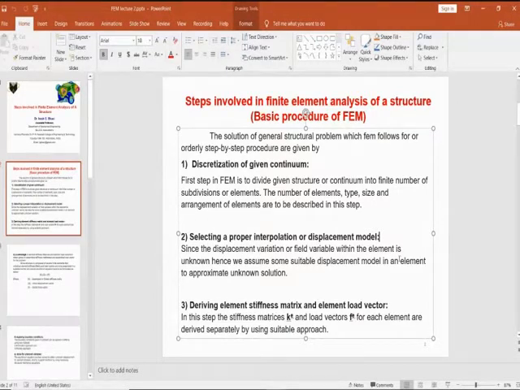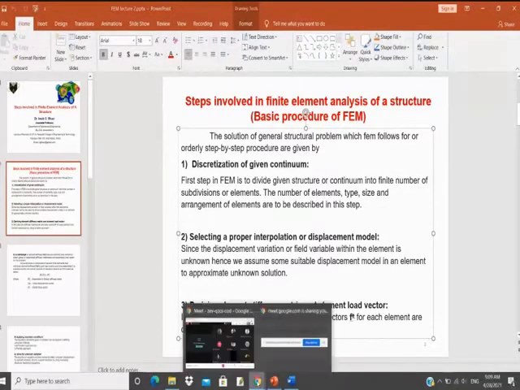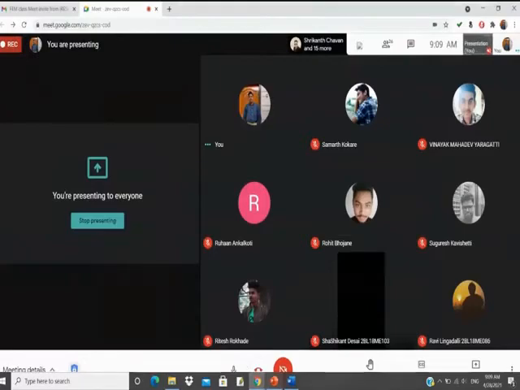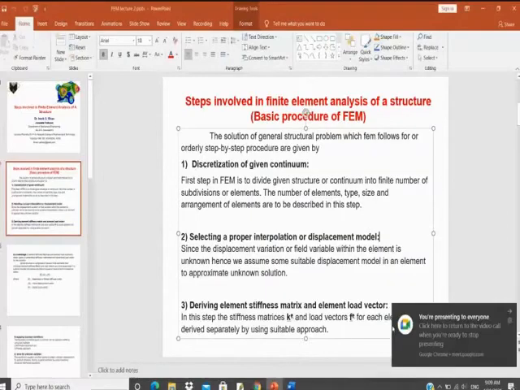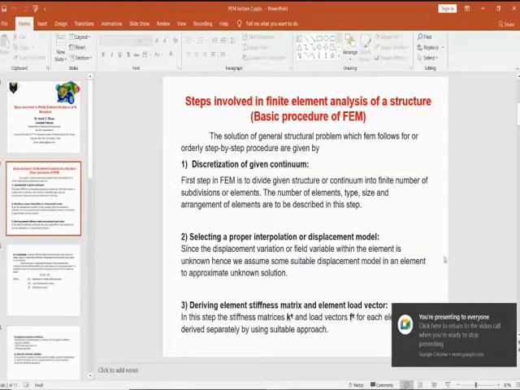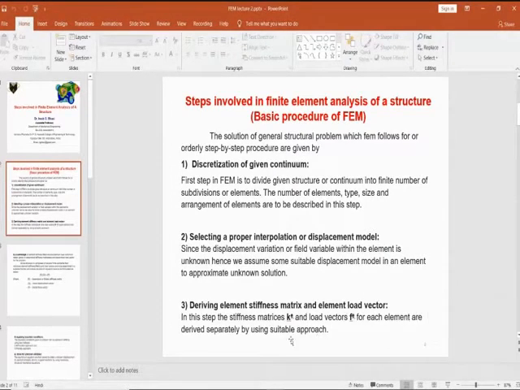But in FEM, instead of using E directly, we will be using the stiffness matrix. Stiffness matrix means the matrix which defines the stiffness of that body or structure. So in this step, we'll be deriving the element stiffness matrix.